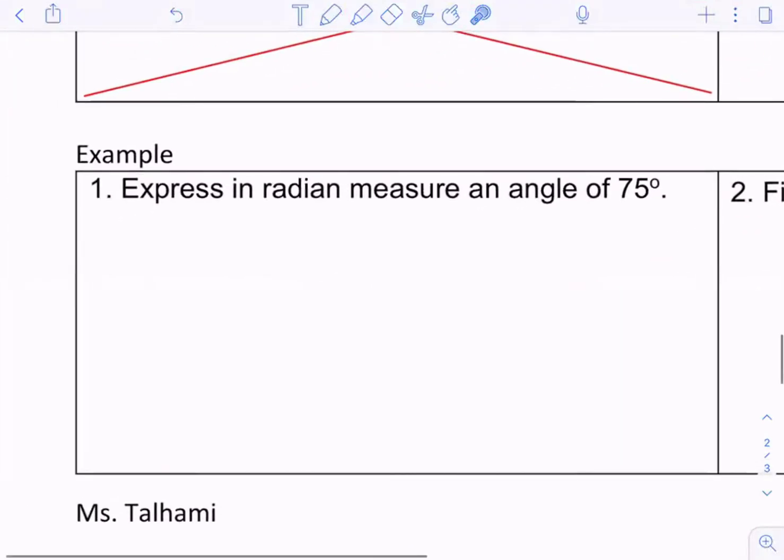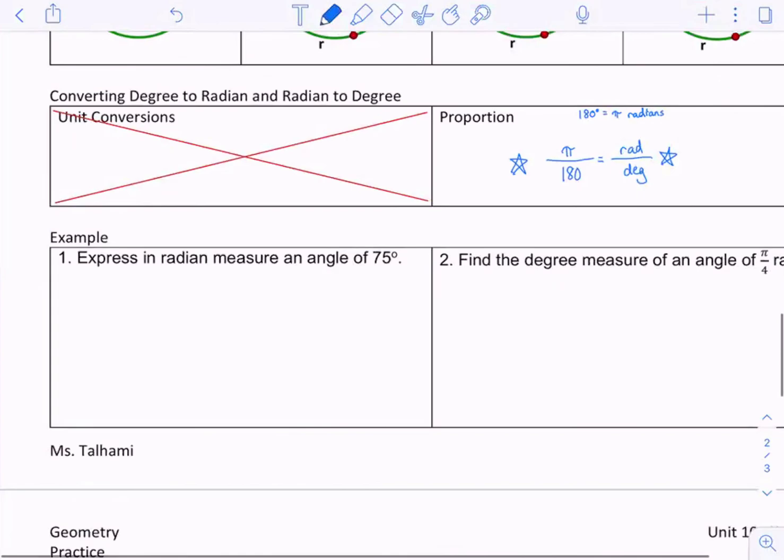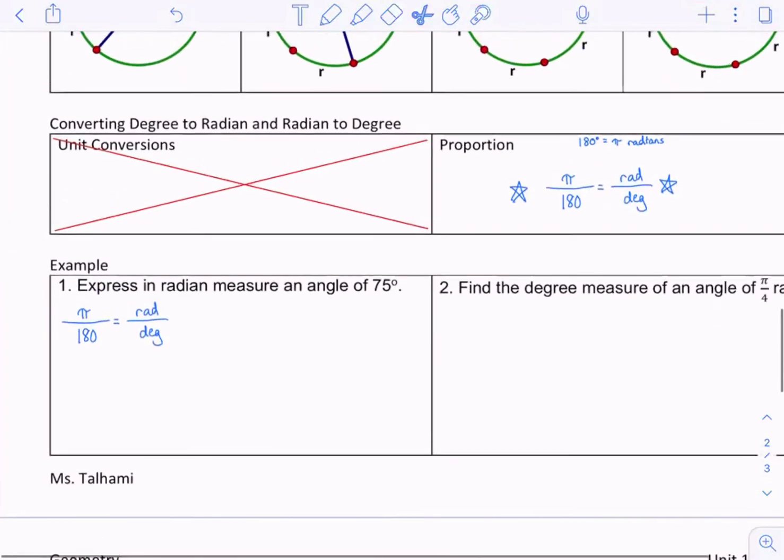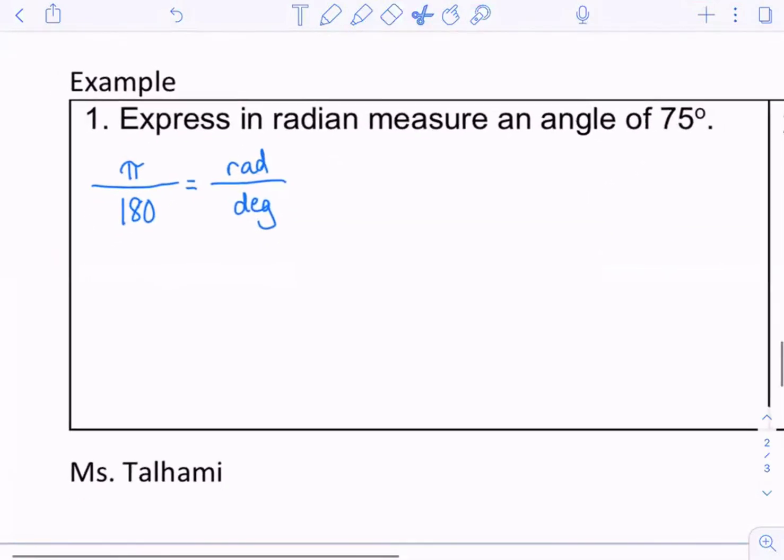It says here, express in radian measure an angle of 75 degrees. First thing I'm going to do is write this right here. I'm going to cheat and copy it over, but you can write it down. So pi over 180 equals radian over degree. Here I'm going to write pi.